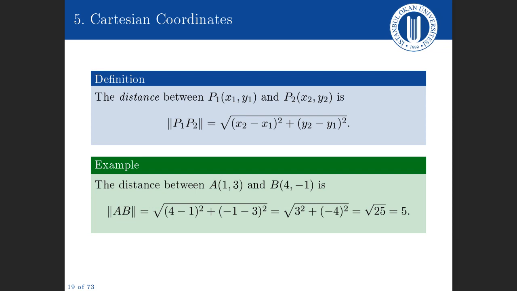So you can understand that the distance between the point P1 and the point P2 must be the square root of (x2 minus x1) squared plus (y2 minus y1) squared. For example, calculate the distance between the point 1, 3 and the point 4, -1. Put the numbers into the formula, and I'll leave this for you to check, and we end up with 5.